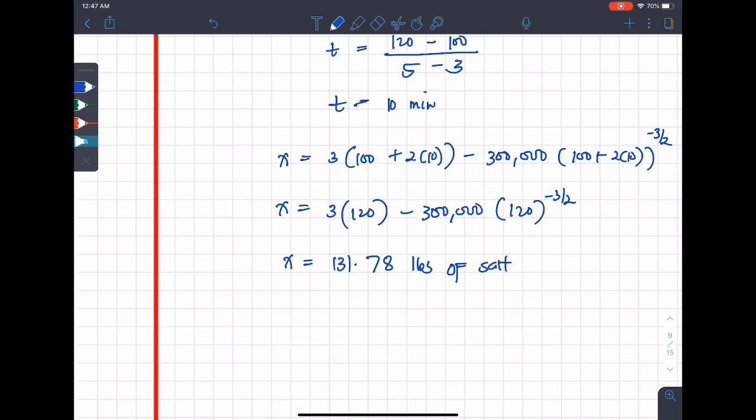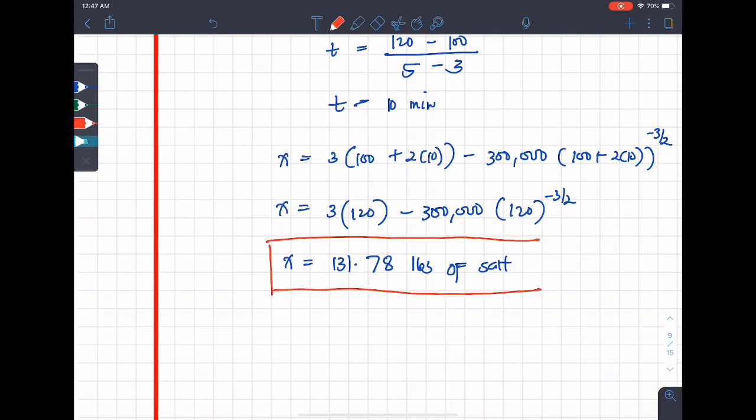That is the amount of salt present in the mixture during the time that the mixture within the container overflows. Okay, so those are examples in solving mixture problems. Good day.